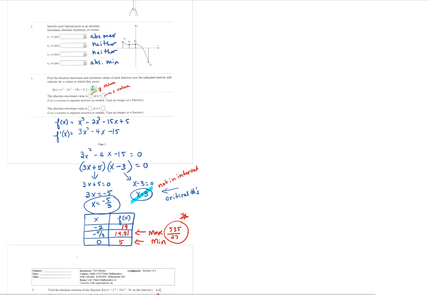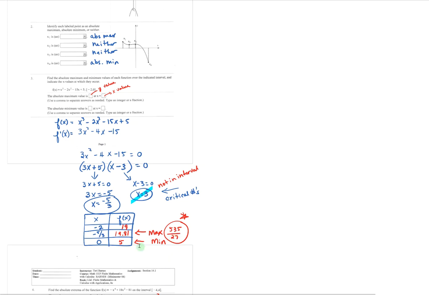Those are the values of your interval, and negative 5/3 falls right there. And so you're plugging those into your original function, and you're getting values here. And the largest of those is the max, the smallest is the min. They do want fraction numbers, so you'll have to change that to a fraction.